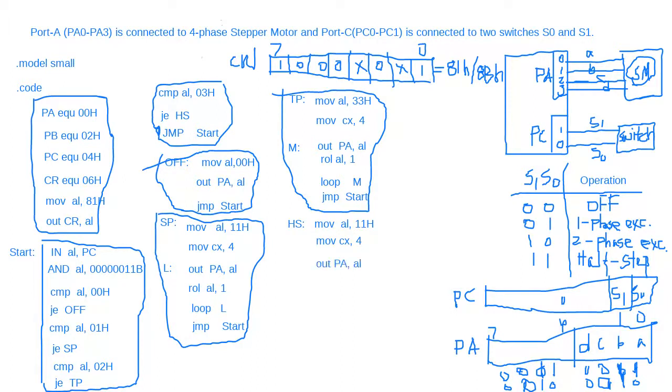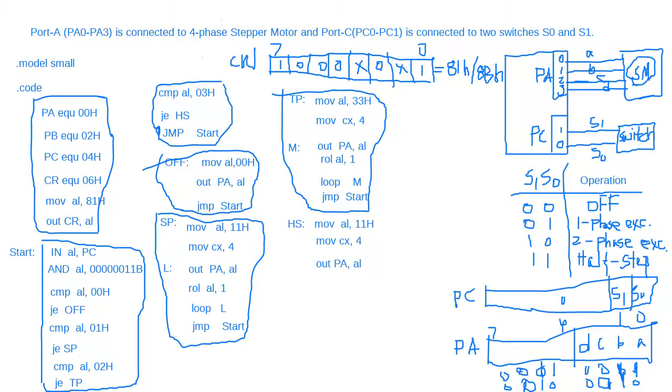So then we have to... we load 2 2H in another register, and then we add them together.